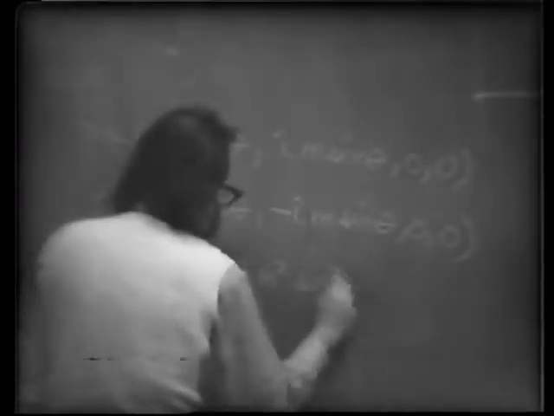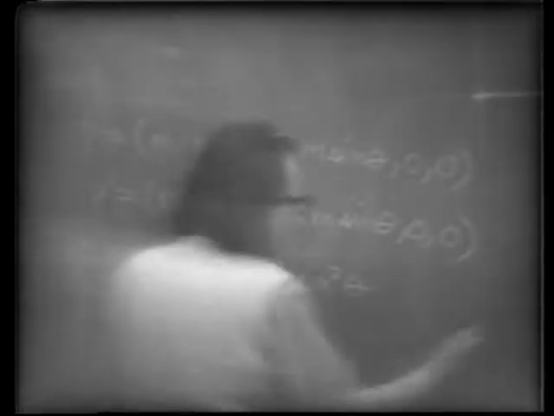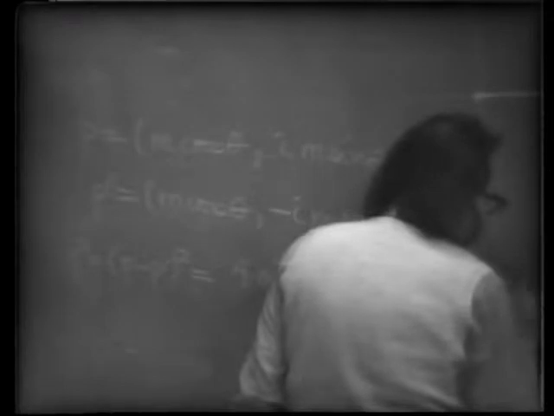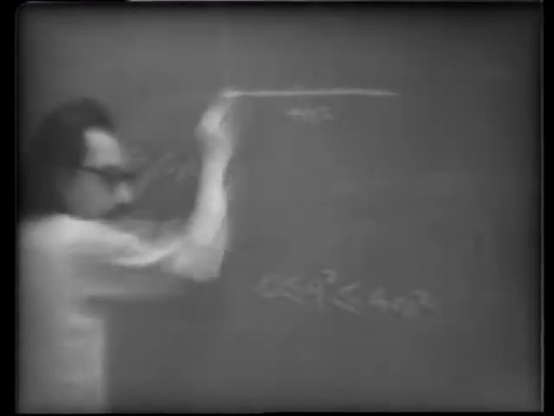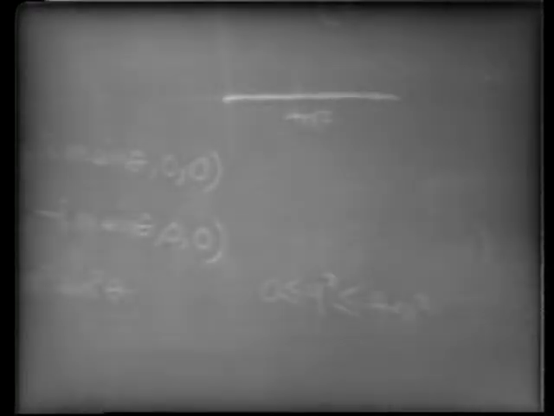I've got two of them, so that's 4m squared sine squared theta. Thus, I see as theta goes from 0 to pi over 2, for example, q squared goes to 4m squared, precisely the gap. So the gap is obtainable with pseudo-Euclidean things.